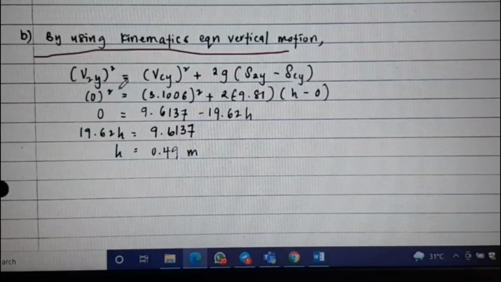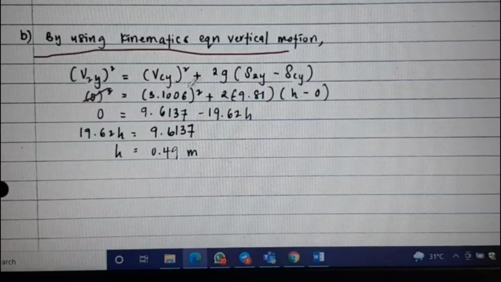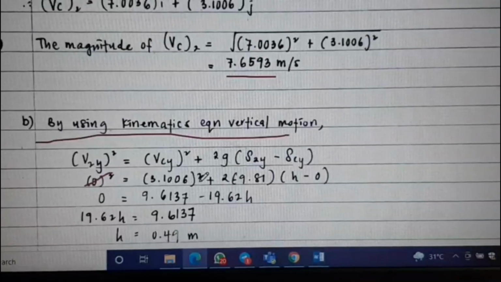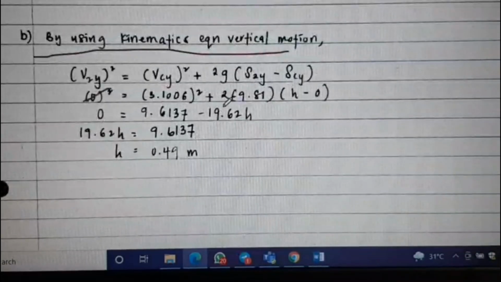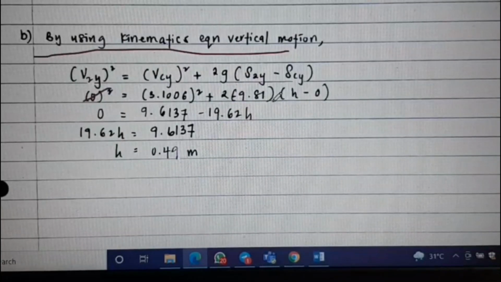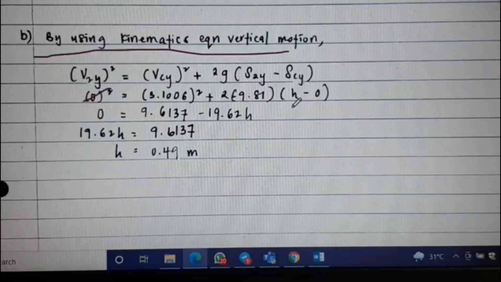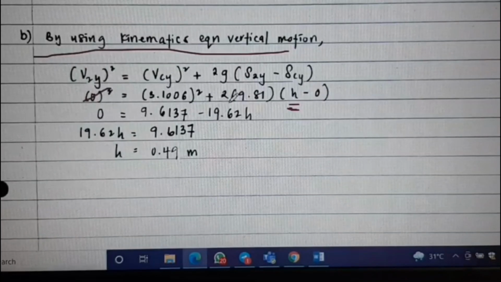Then substitute the values into the equation, where v2y is 0, equals 3.1006 squared plus 2 times negative 9.81 times h minus 0, since we want to find the maximum height.